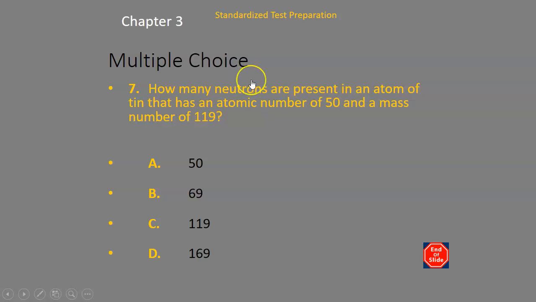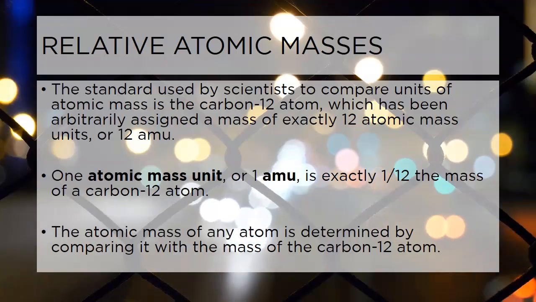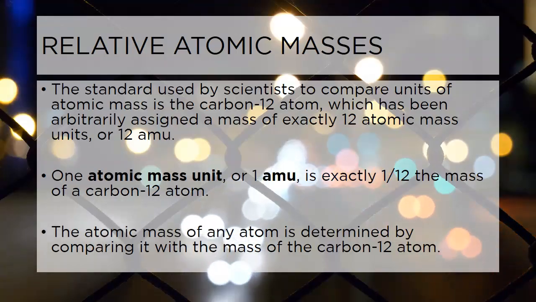So then we have the relative atomic masses. We talked about this yesterday, but for the carbon-12 atom, what they did is they probably weighed a lot of carbon-12 and then divided that up to figure out how much one atom of carbon weighs.